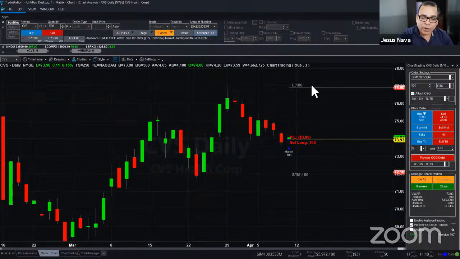So the preview OCO exit orders is a great way for you to take a look at the trades, calculate what the return ratio is, what the net distance is between your entry and those targets and levels, what the percentage movement is, and better yet, what the potential loss or the potential profit of these orders is. Again, it's right here, this checkbox that says preview OCO exit orders.